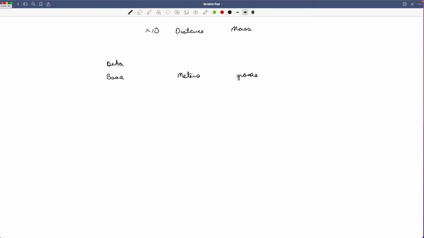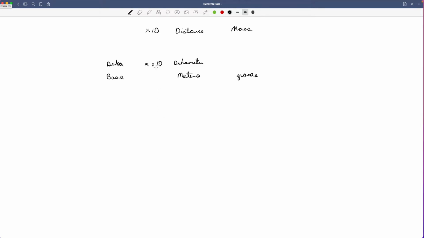That is D-E-K-A. And a decameter means literally 10 meters. Right? It's 10 meters. So all we're going to do is say meters times 10.